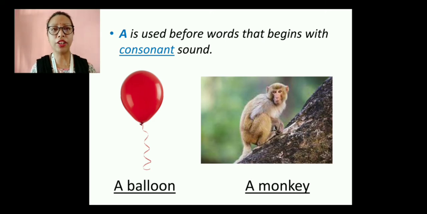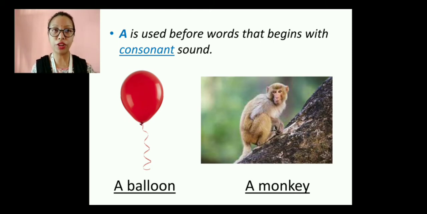Now you can see here, a is used before words that begin with a consonant sound, which I have already told you, how the consonant sounds are produced and which are the consonant sounds. So here you can see the examples. A balloon. B is a consonant and the sound produced is also B, so a balloon.